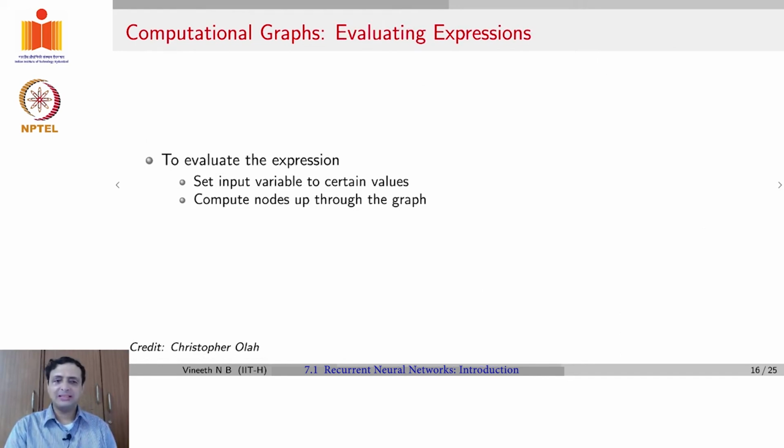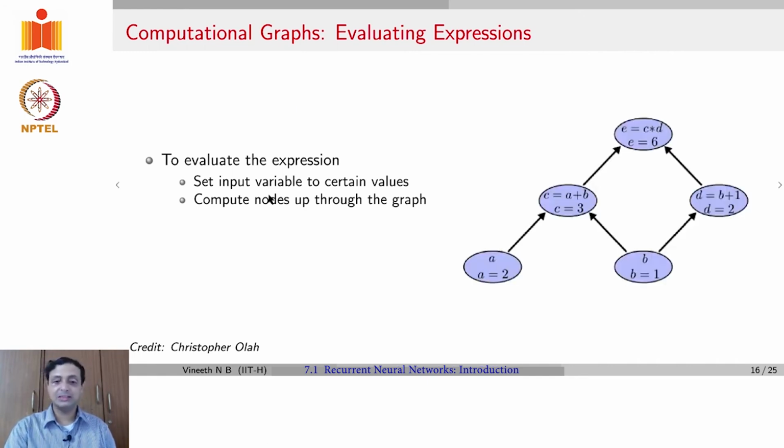How do you evaluate these expressions? Let's say you had specific values of A and B given to you. How do you evaluate this expression using a computational graph? You would set the input variables to certain values that are given to you. For example, A is a particular value and B is a particular value. And then you would compute the nodes up the graph from those variable values all the way till the root node to get your final answer.